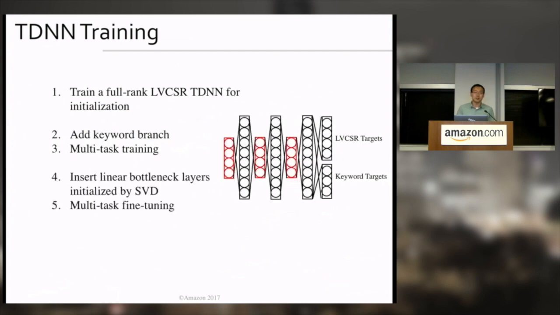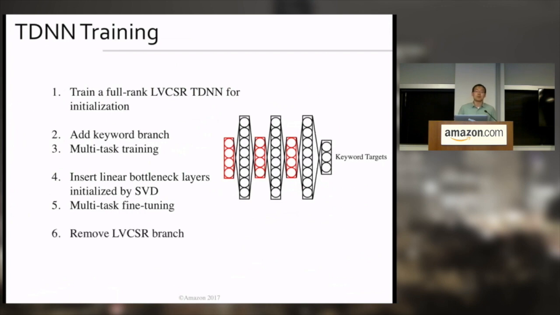Once this network is trained, we will insert linear bottleneck layers into all 3 hidden layers, and those linear bottleneck layers are initialized by the SVD. Once we have this architecture, we would run another few epochs of multitask fine-tuning. Once this network is trained, the last step is to remove the ASR branch. After that, this network only has the eviCore output and can be used as the acoustic model for our keyword spotter.